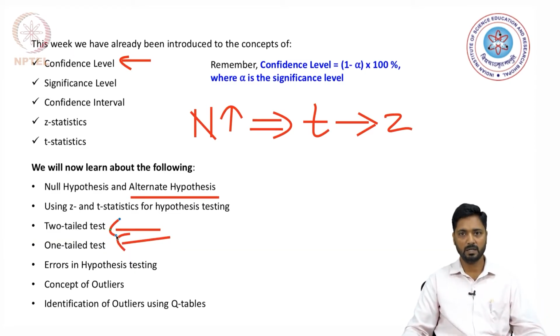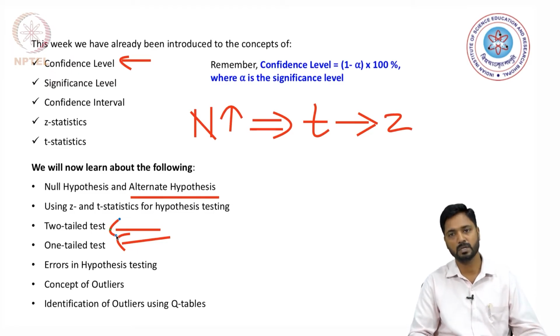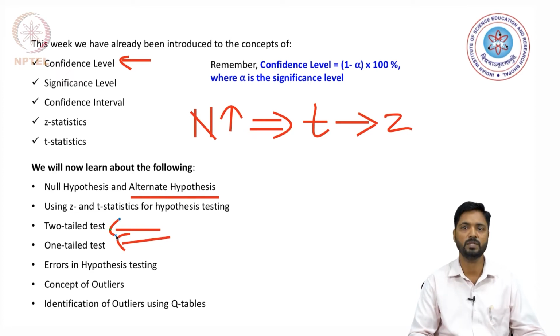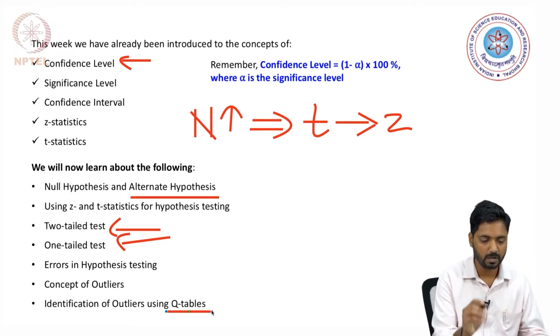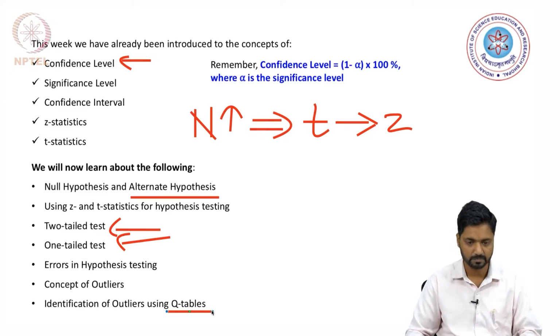As we progress, we will also understand how errors in hypothesis testing come about and what is the importance and significance of these errors in terms of the inferences that we make. Finally, we will get introduced to the concept of outliers, and we will utilize the Q tables for identifying the outliers in our data set.